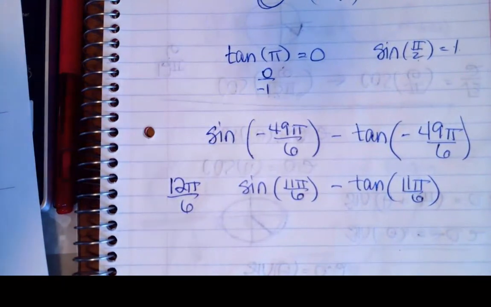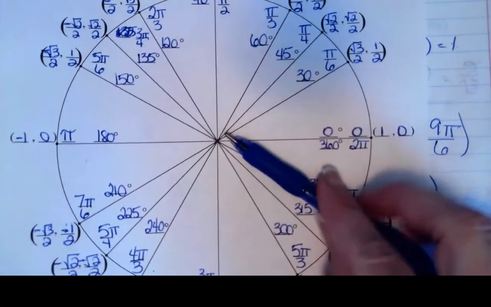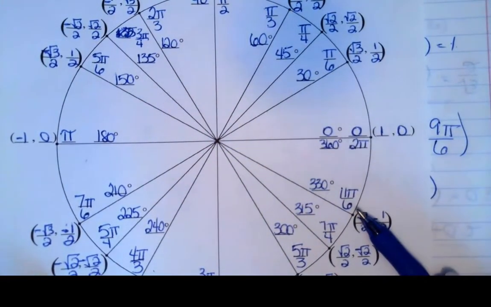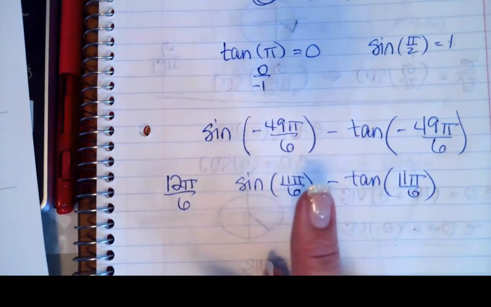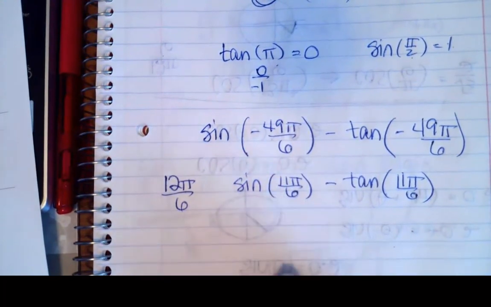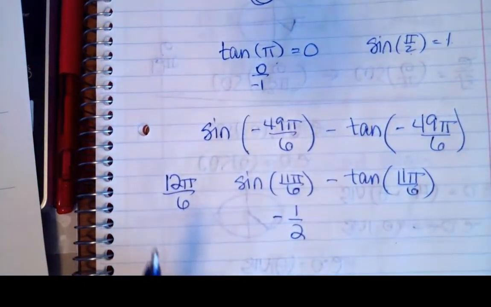Well, now if you want to use reference angles, you can, because how far away are you from standard position? You are pi/6 away. So if I find the sine of pi/6, then I can recognize I'm in quadrant 4, so this is going to be negative. Or I can just say, hey, the sine of 11 pi/6 is in quadrant 4, and it's negative. So the sine of 11 pi/6 is going to be -1/2.